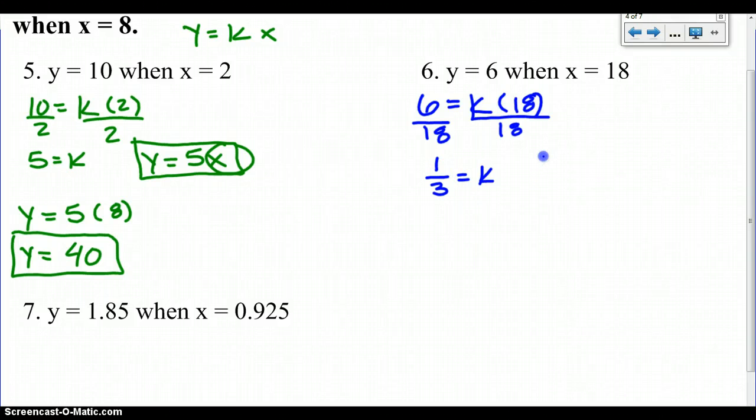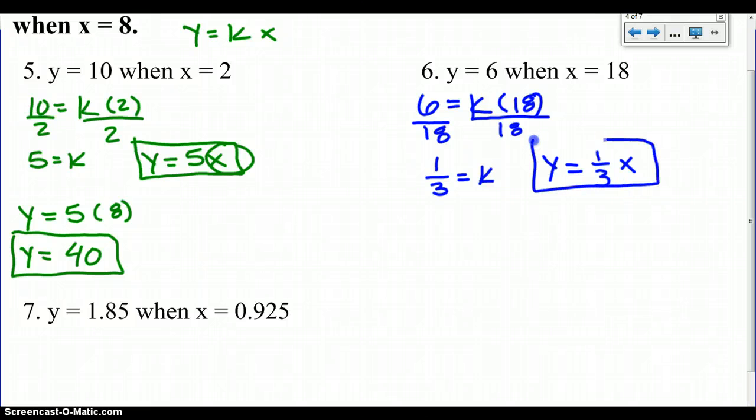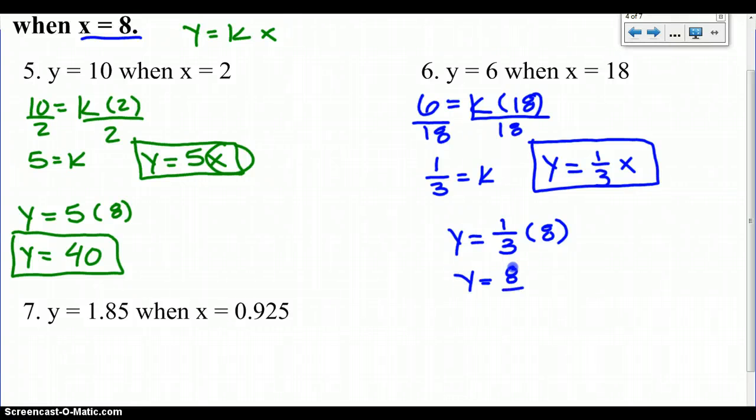So we found our k, so our equation will be y equals 1/3 x. And then it asks when x is 8, so y is equal to 1/3 times 8. When you multiply across, we get y is equal to 8/3.